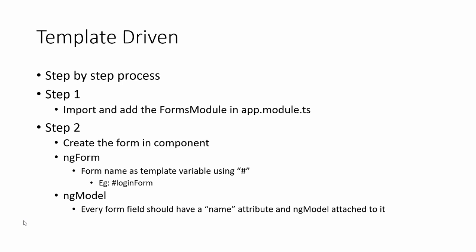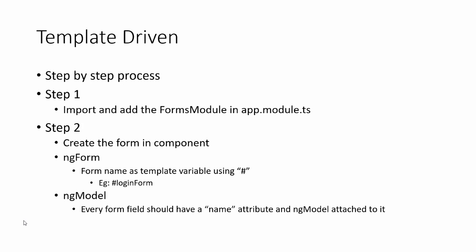Now for every form field you are using, for example a text box, a radio button, or a checkbox, you need to use ngModel. And whenever you are using ngModel, it is a must that you add the name attribute for that particular element.